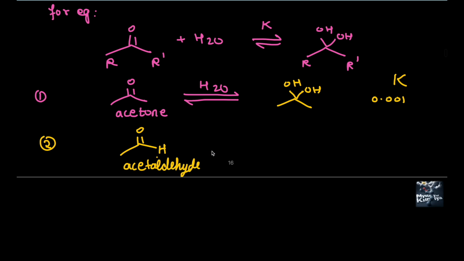This acetaldehyde has an equilibrium constant value of around 1.06. It is way more than acetone, because we have removed the electron donating CH3 group, and we can see a huge change here.